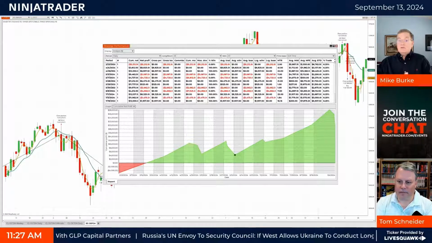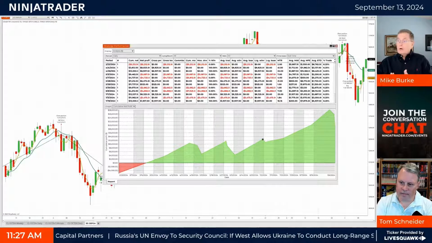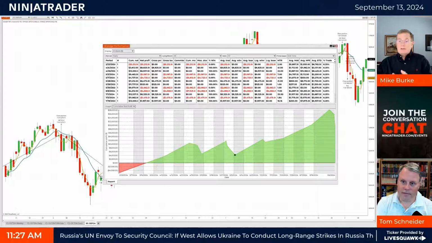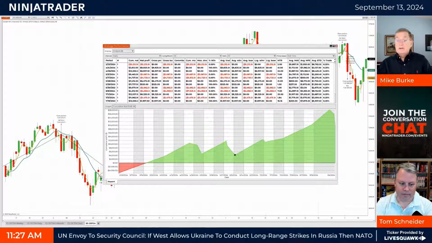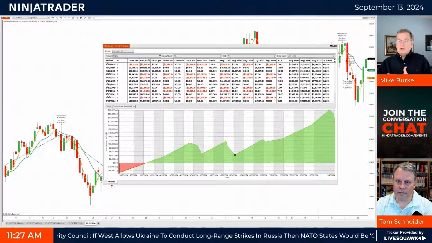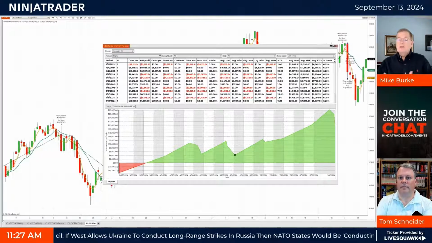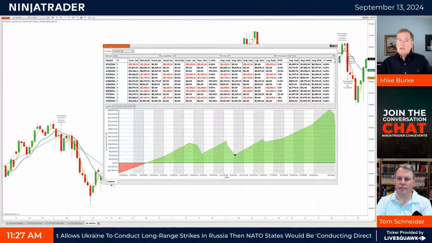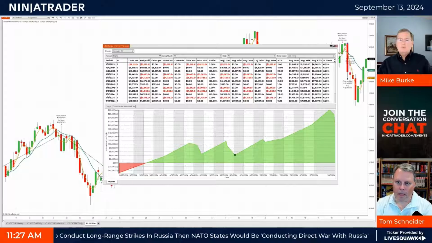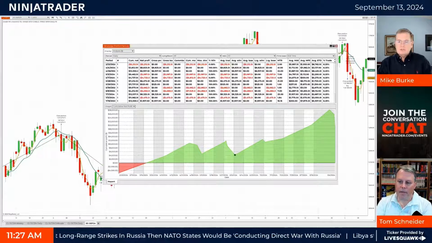You might start here at the trough and have a great run up, or you might start trading at the top of one of these peaks and have an immediate drawdown. So you have to be prepared for entering at any point on this equity curve, and you have to be prepared to follow through on every trade that this strategy gives you over the next 9 months in order to duplicate the performance that you see here in the chart.